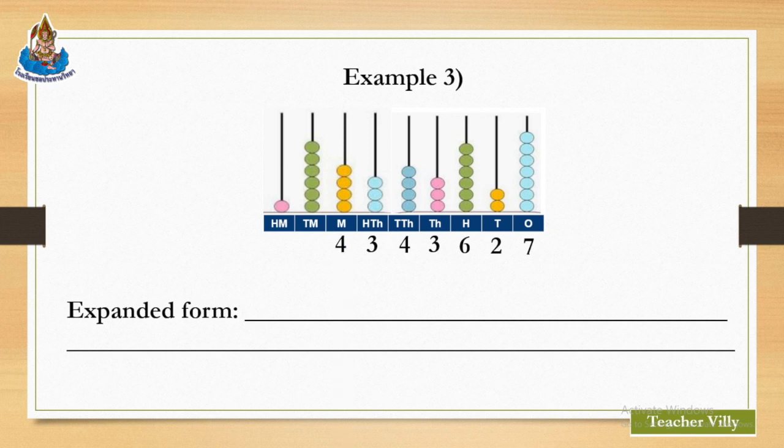What about in the 10 millions place? Okay, there are 6 bits. What about in the 100 millions place? Of course, there is 1 bit.